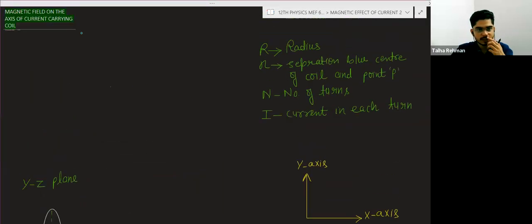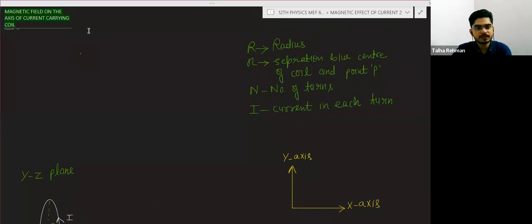Now see this. Write the heading: magnetic field on the axis of current carrying coil.